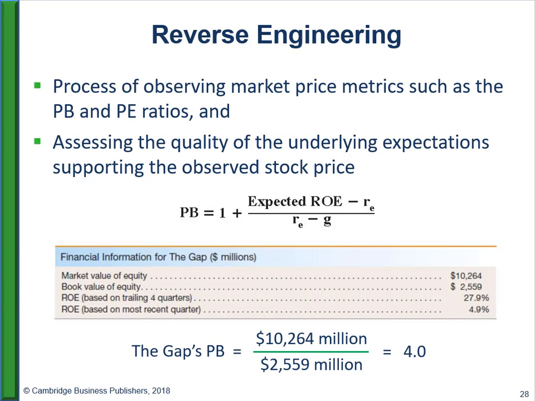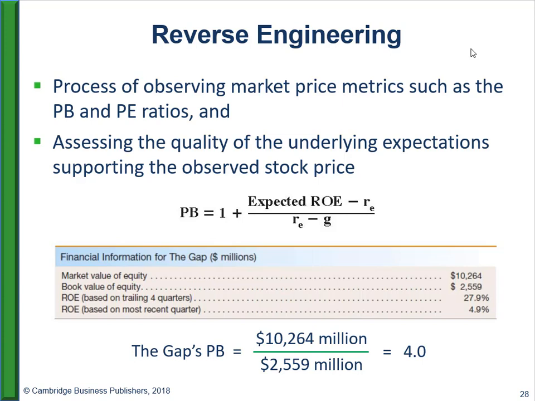So in this instance, we have the market value of equity, book value, ROE. We can solve for all of those. And again, this is like looking through a different lens. This is going to give us some insights into just what exactly that price that our companies are trading at in the market is telling us about what other market participants think.